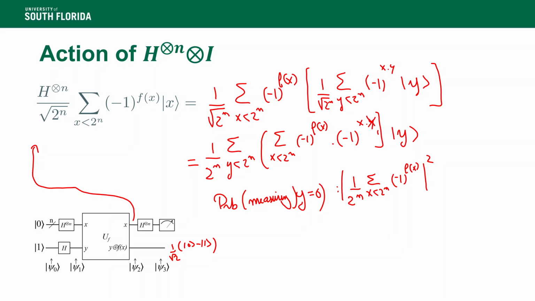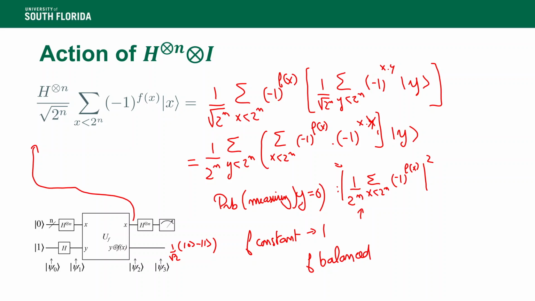Now, when f is constant, regardless of whether f evaluates to 0 or 1, this sum is going to be 1, and therefore the probability is going to be 1. And if f is balanced, for each minus 1 to the 0, there's going to be a matching minus 1 to the 1 to cancel it.